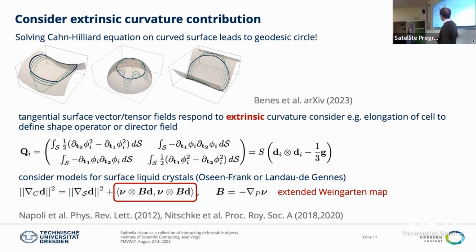A typical term there is the gradient of this director field, which we had yesterday in 3D. What is essential for the surface models is that it's not only the covariant derivative which matters here, but some additional term which models the extrinsic curvature. Here nu is the normal to the surface, and B is this more extended Weingarten map. This is the term which leads to the alignment of the director field with the minimal curvature lines. The idea now is to simply use this and add it to our model.